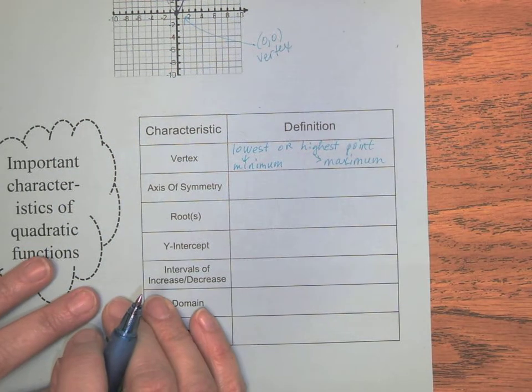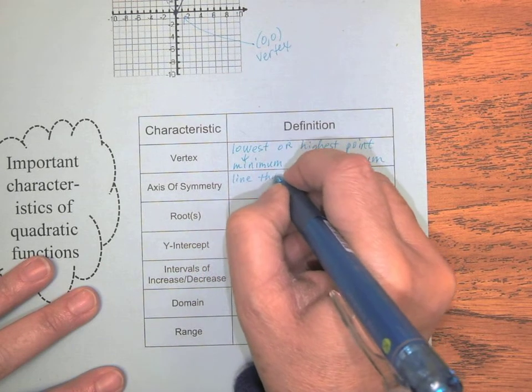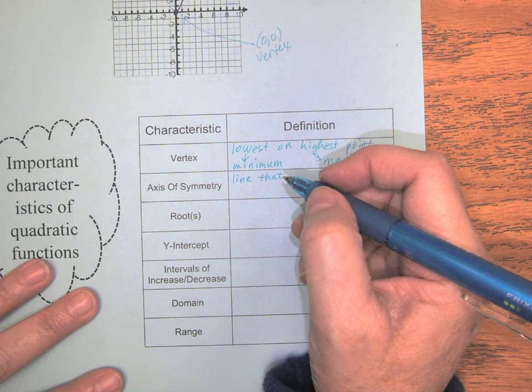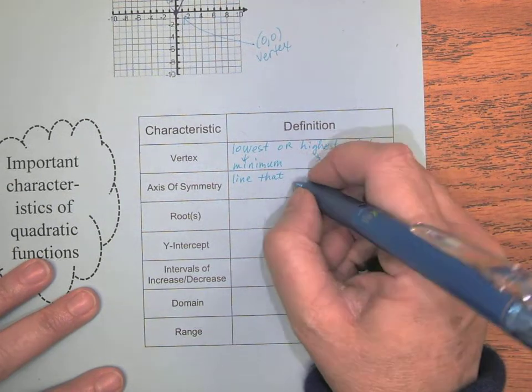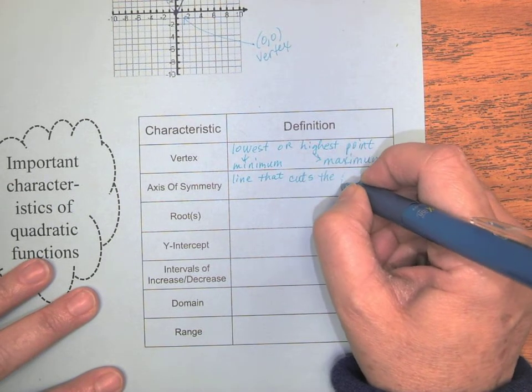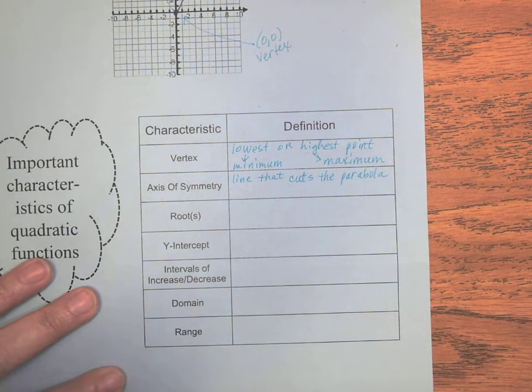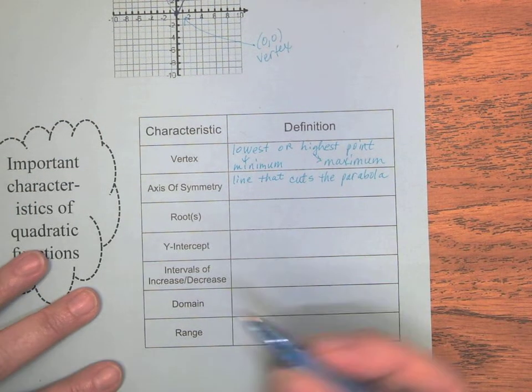Now the axis of symmetry is a line. Remember that it's a line that cuts the parabola in half. Oh, I didn't tell you these are called parabolas. The quadratic function, the graph of a quadratic, is called a parabola.